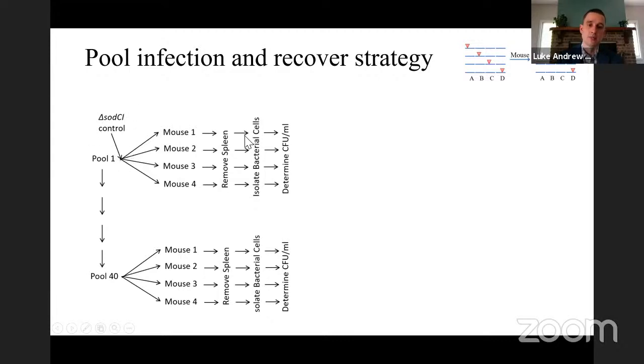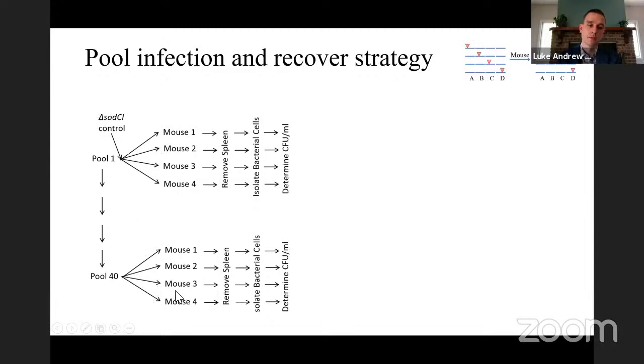And the reason I did this is because when we isolated the bacterial cells, I could calculate the competitive index for SOD1 and see if it fit within the realm of what we would expect for a known SOD1 mutant. And if it did, that suggested to us that population didn't encounter any significant bottlenecks, but occasionally we would see significant attenuation, suggesting significant bottlenecks, or in some cases we wouldn't see attenuation for the SOD1 control, suggesting there was not sufficient selection for that population in vivo. So that was another one of the controls that we used.